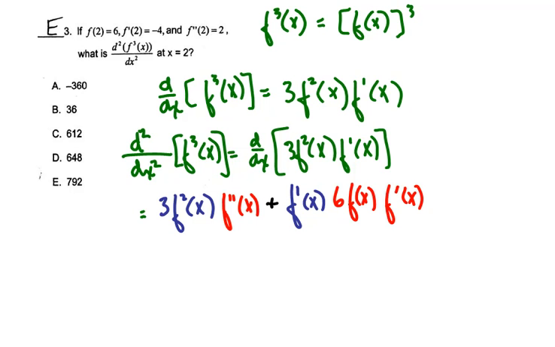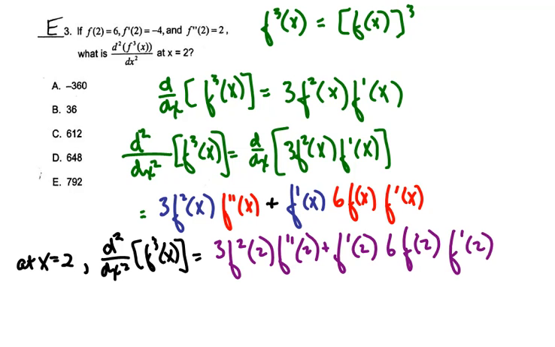Since you're looking for the second derivative evaluated at x equals 2, then that second derivative of f of x raised to the third power is, substituting 2 for all the x's in there, you're going to get this.